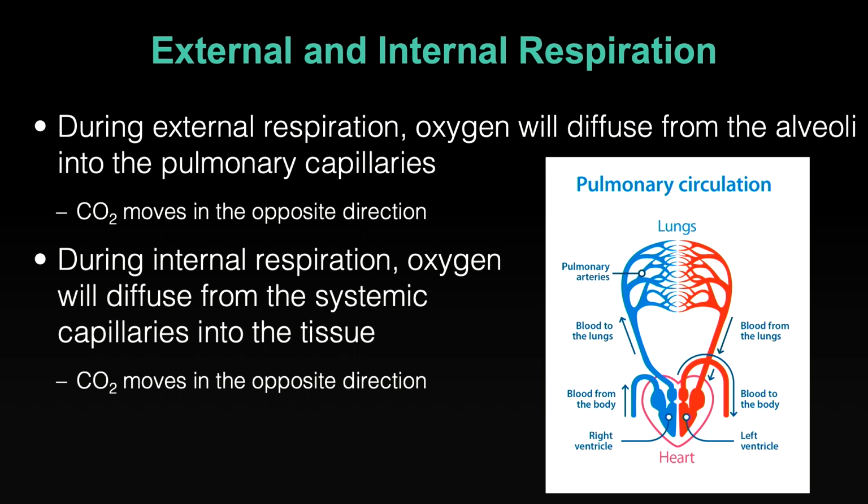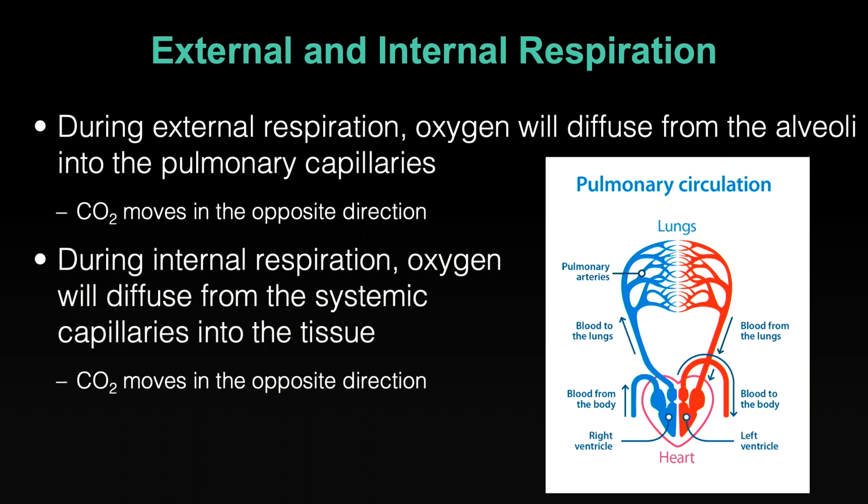So if you take one thing away from this class, individual gases move according to their partial pressure gradients. And if you take that away from class, you don't really need to worry about internal versus external respiration. If you're given a schematic and you can see partial pressures, you know which way the gas will move: from high to low partial pressure.